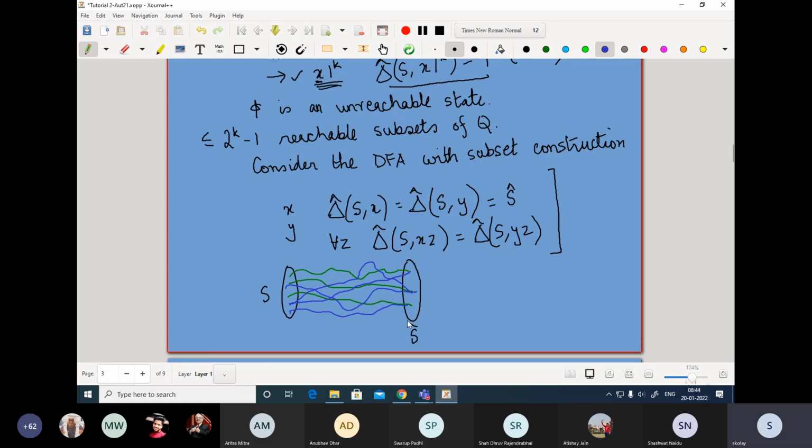So now from this subset, it's the same subset, right? Now from this subset, if I look at the number of paths labeled by z, however they are, they will be reaching the same set. So even if you visualize it in the NFA, this will be true.